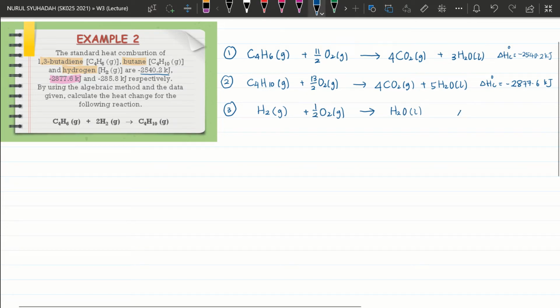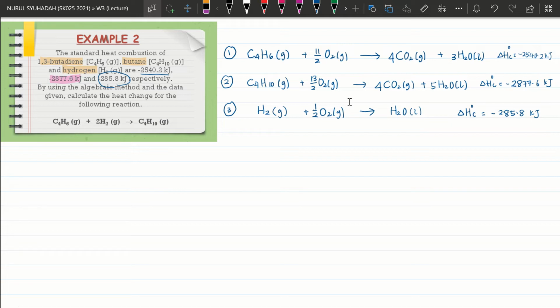Delta H not C for combustion of hydrogen is negative 285.8 kilojoule. Once we have all the thermochemical equations here, we can start with the algebraic method.